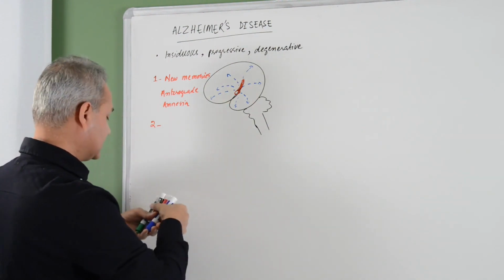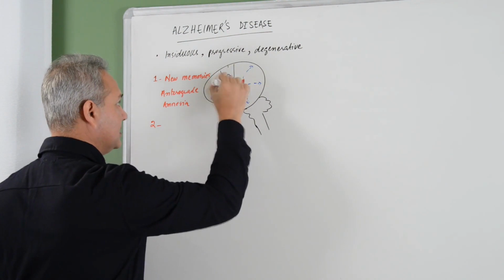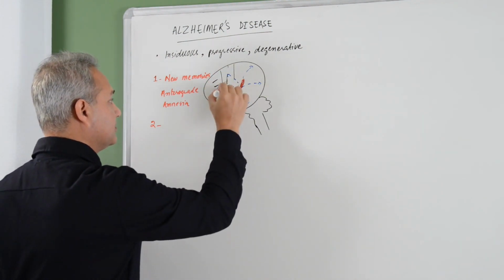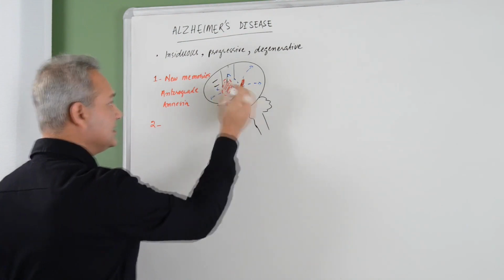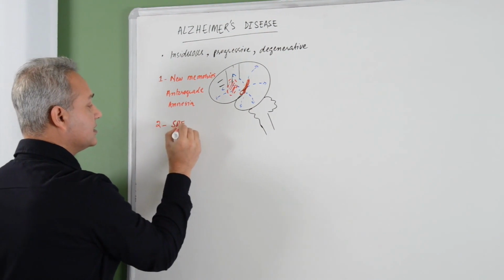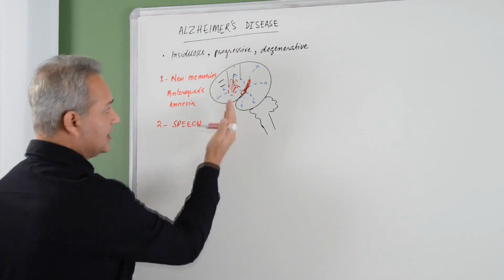So what would happen next? Here are the motor areas, sensory areas, speech areas. The next area that gets affected is the speech area. As the disease keeps progressing, the speech is the next thing that gets affected. Then keep going.